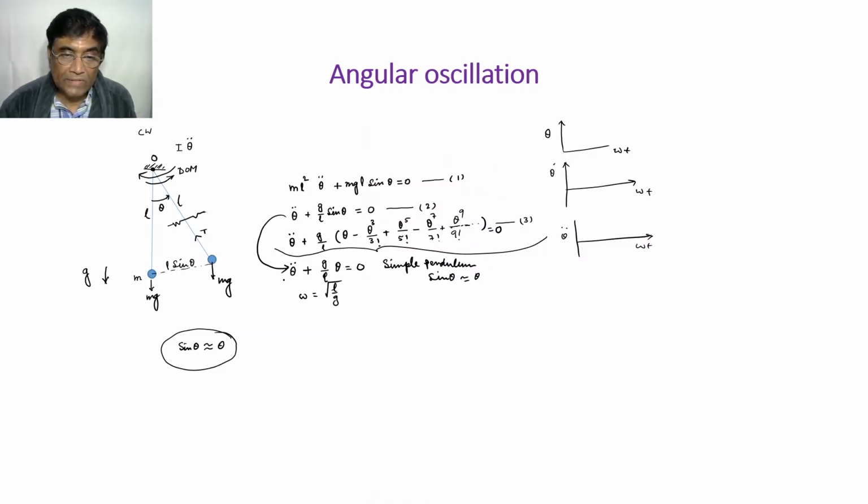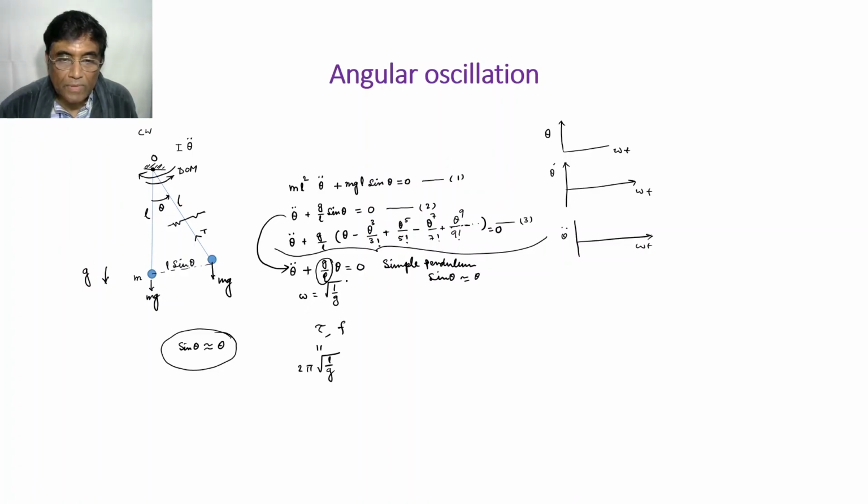And what is the benefit? The benefit is that it is easily solvable. What is the disadvantage? The disadvantage is in the time period and frequency. T equal to, you see, 2 pi root over of L by g.